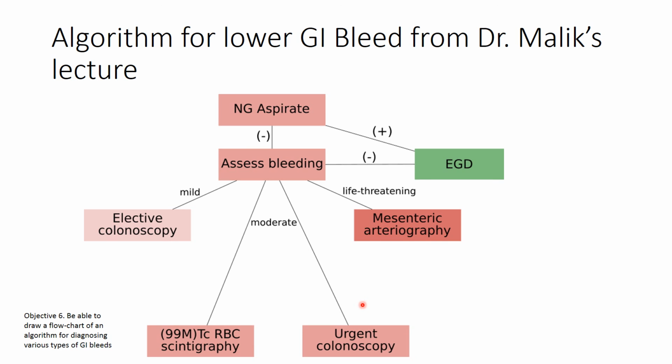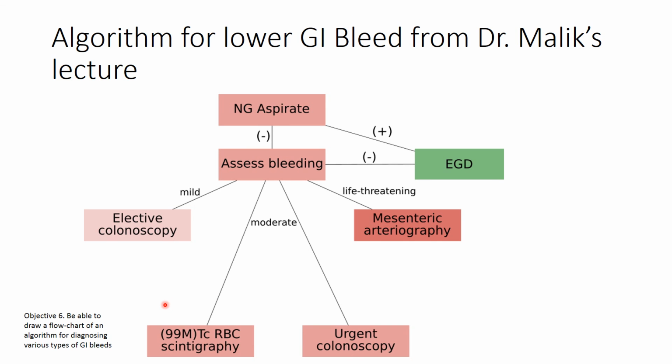But it still is going to take 4 or 6 hours to get the bowel cleaned out, and it's not a very efficient method. Whereas with technetium red blood cell scintigram, we don't need to clean out the bowel.